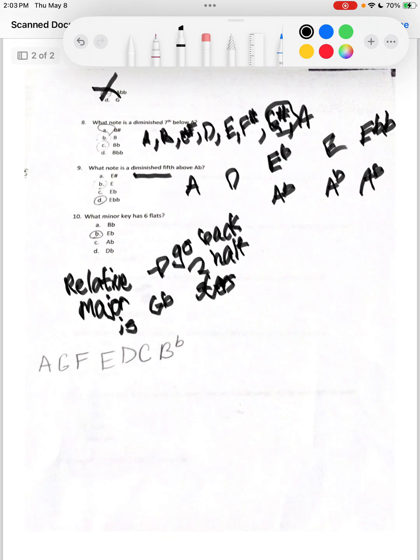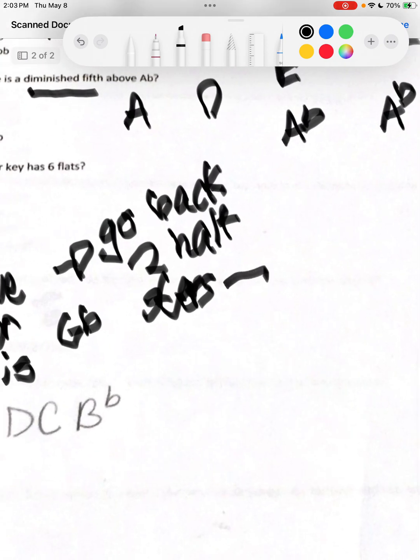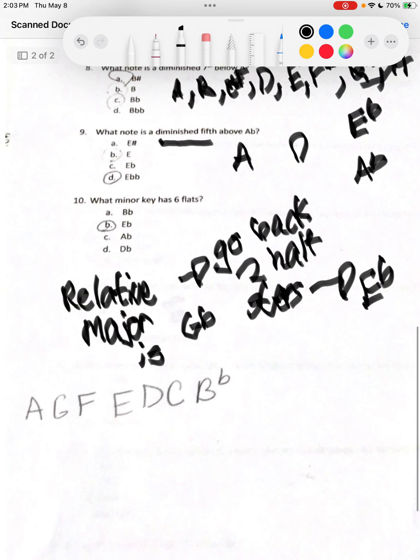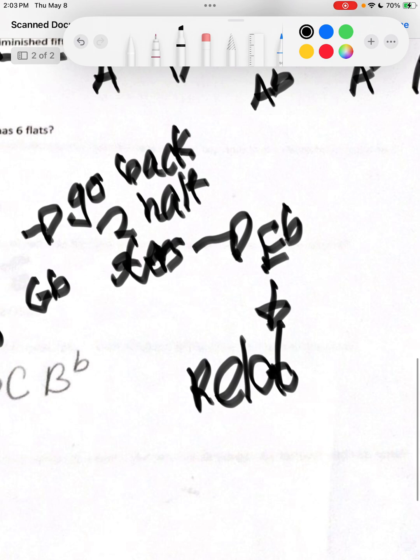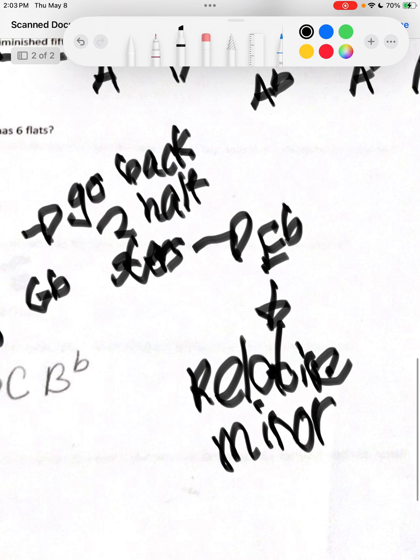So you go back 2 half steps. So you're going to say that this part, the relative has to be E flat. So this is relative minor. Yep, the last one is correct. So that's why I'm going to criticize it.